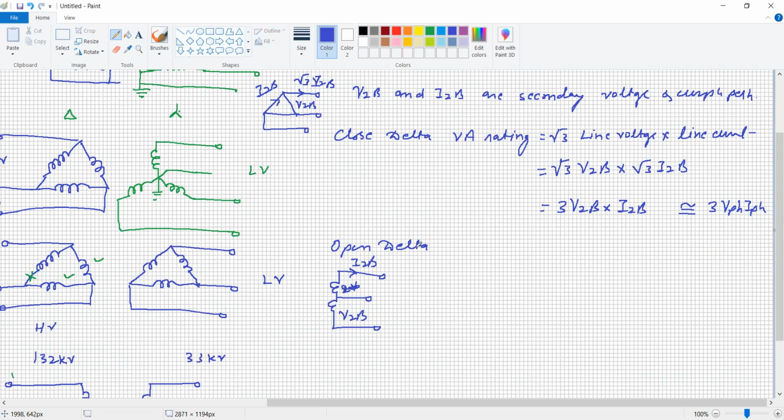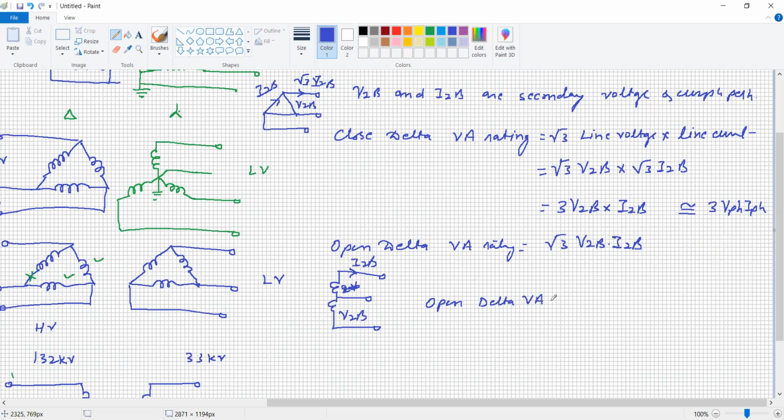So for open delta, the VA rating is equal to root 3 into phase voltage into phase current, since the line voltage and line current are both the same with the phase quantities, isn't it? So this is the open delta connection.